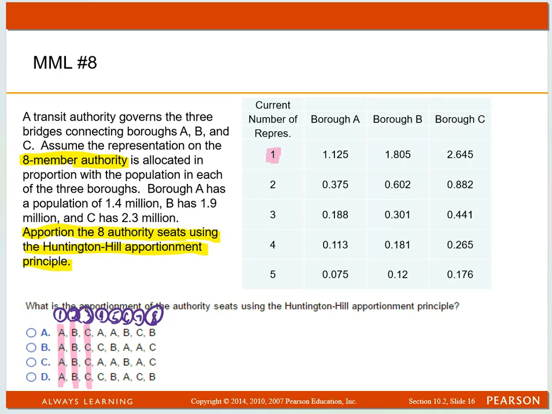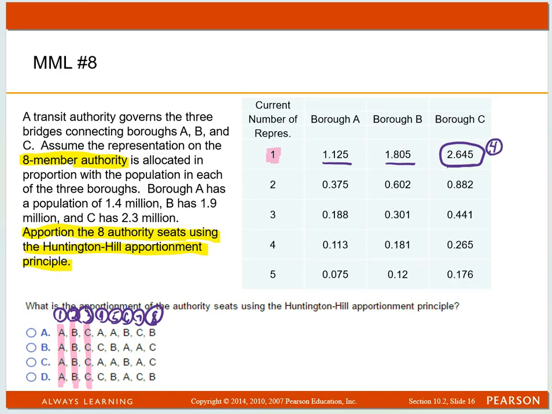Okay, so I am going to start by comparing the first 3 Huntington Hill numbers. So you look at all 3. Whichever one of those is the biggest gets the next seat. And this one is the biggest, so they're going to get the 4th overall seat.